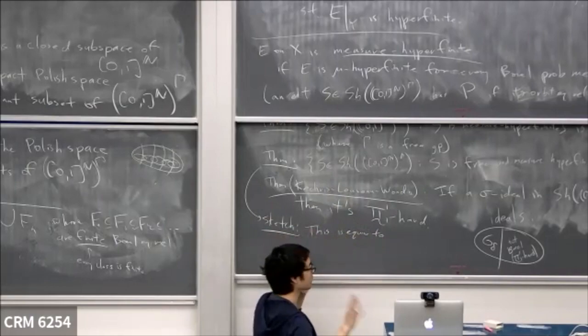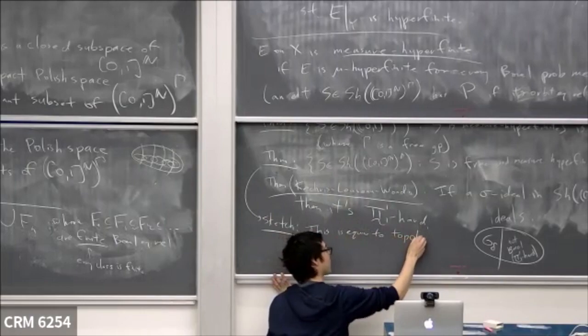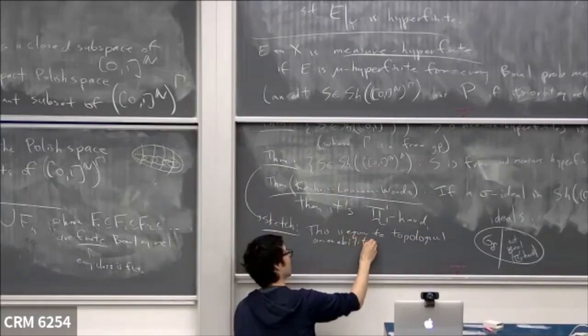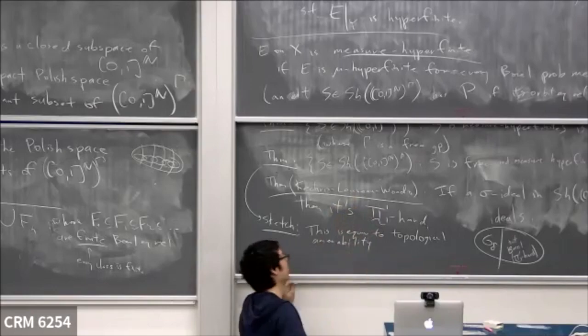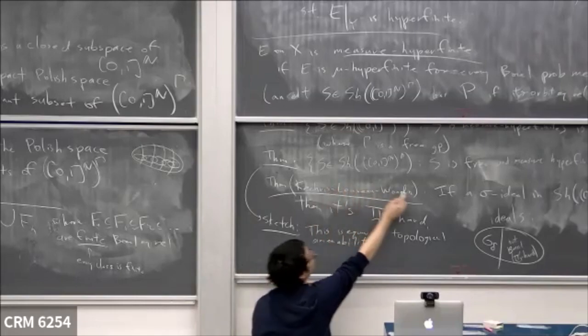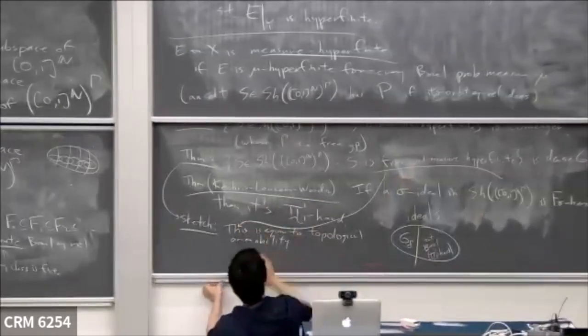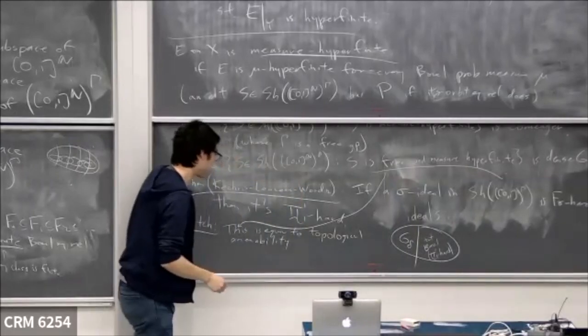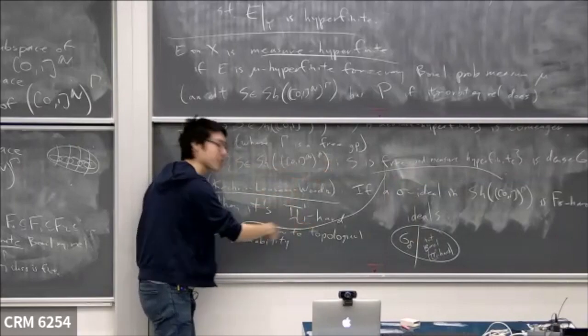That's the topological part, the continuous map. So this is equivalent to topological immutability for free actions. Normally you need some condition on the stabilizers, but it's free. So for free actions, measure hyperfiniteness and topological immutability are equivalent.